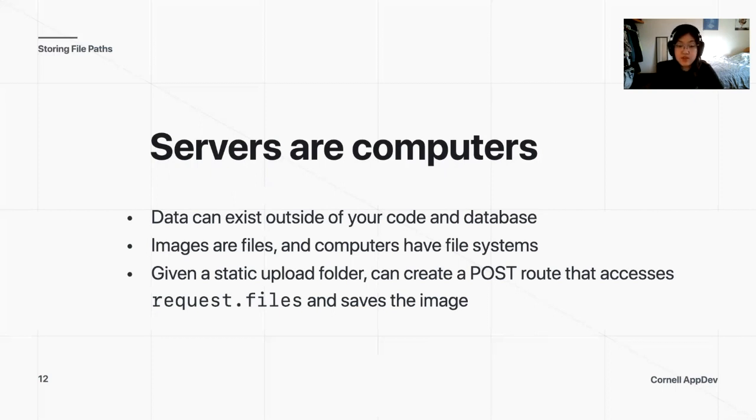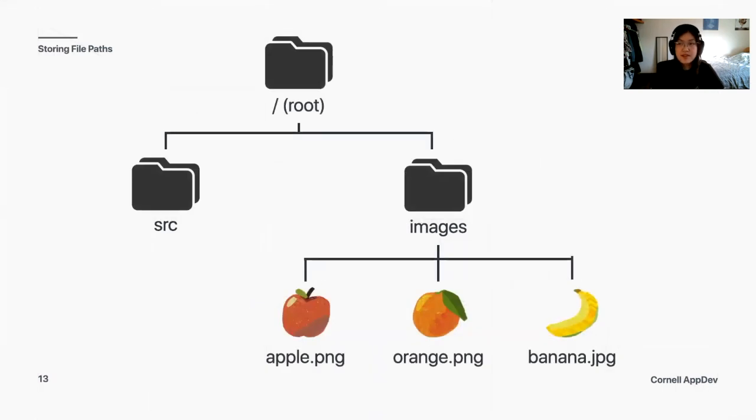And it will save the image to your server. So let's say that in our server, we have our root directory, and in that we have the source code for our server. But then we also have another folder called images. And you can just specify that whenever a user uploads an image, it will go into the root/images folder and just live there forever.